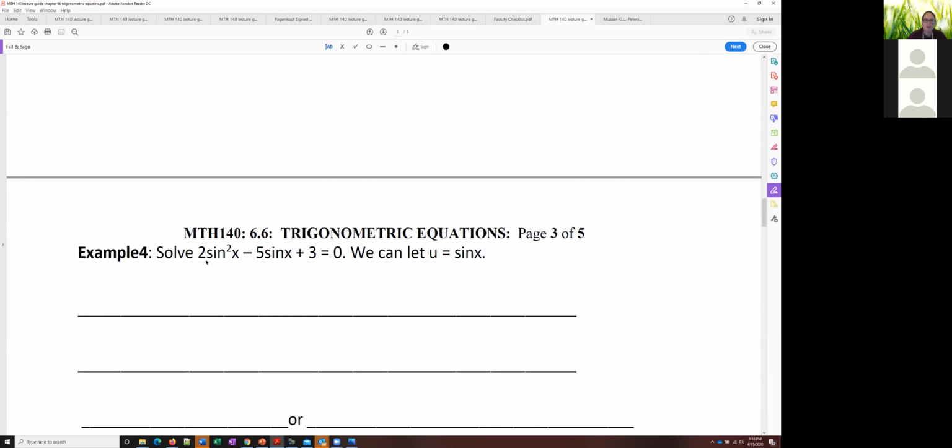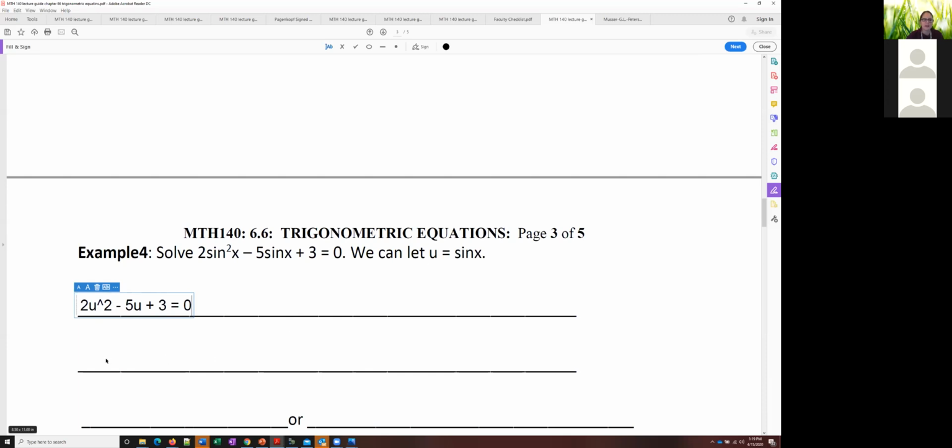We want to solve 2 sine squared x minus 5 sine x plus 3 equals 0. So we can again do a substitution. We can say u equals sine x. So this equation becomes 2u squared minus 5u plus 3 equals 0.